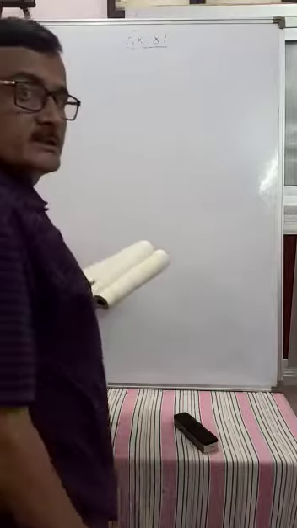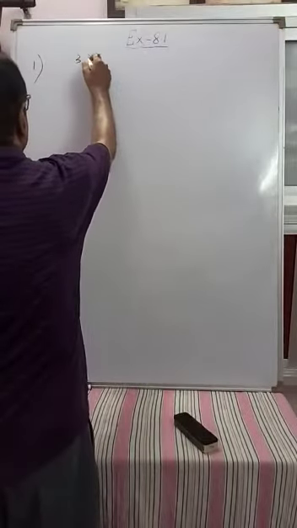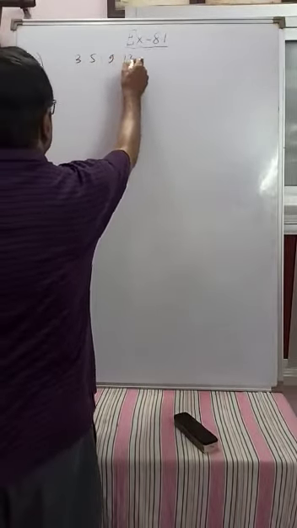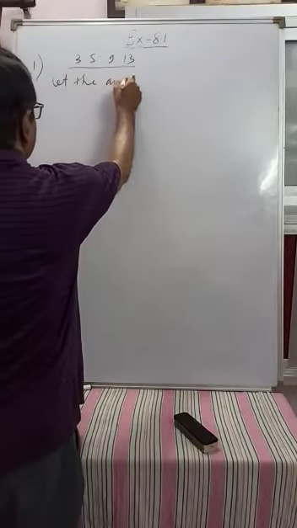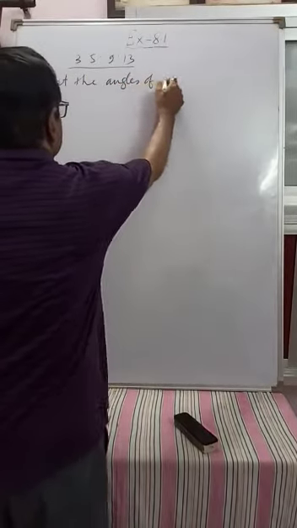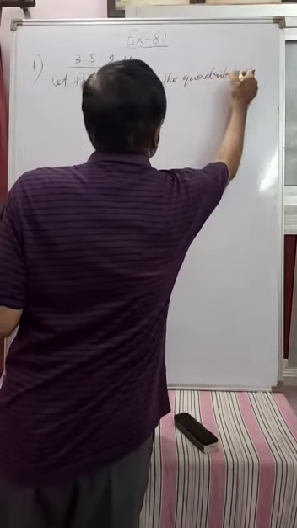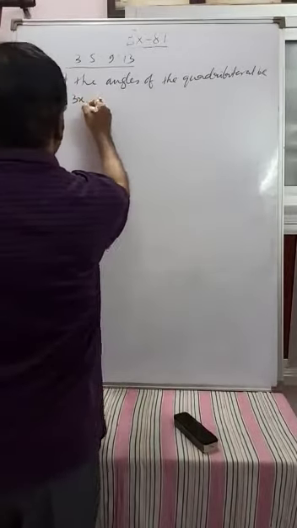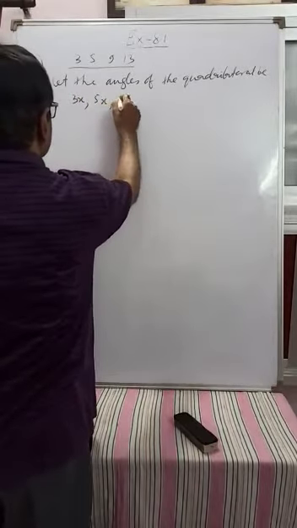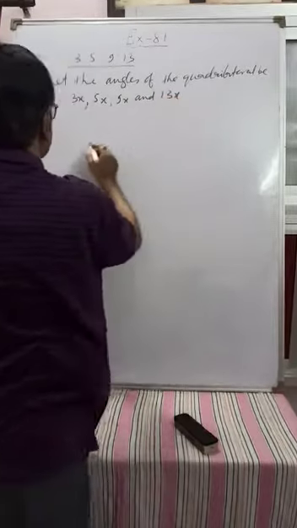In this question the ratio of the angles of a quadrilateral is given as 3:5:9:13. So let the angles of the quadrilateral be 3x, 5x, 9x and 13x.